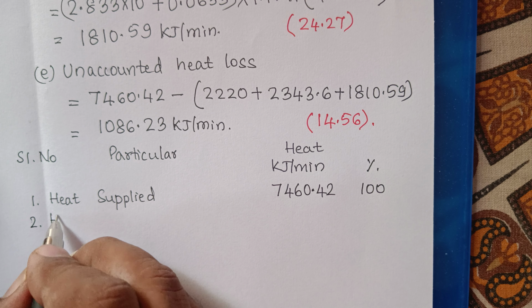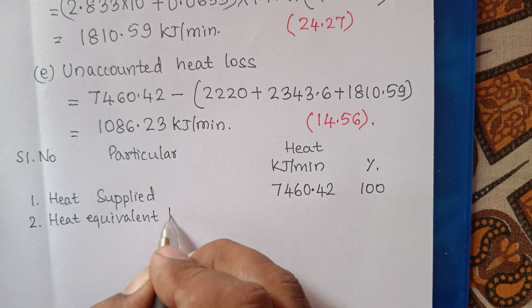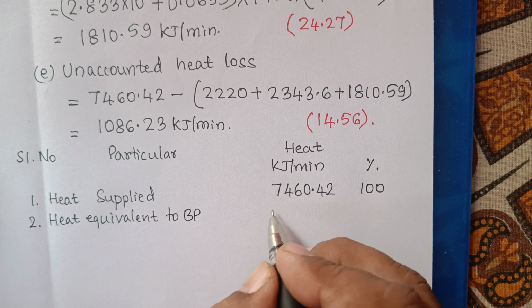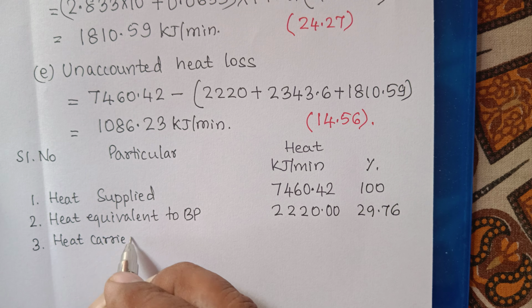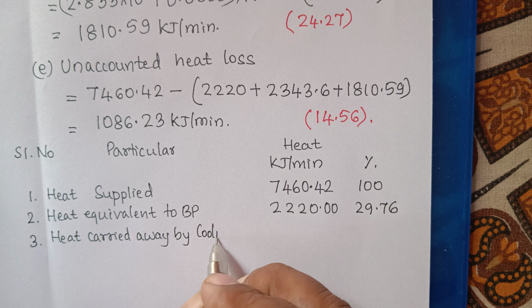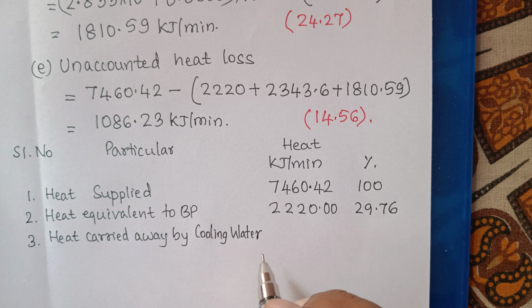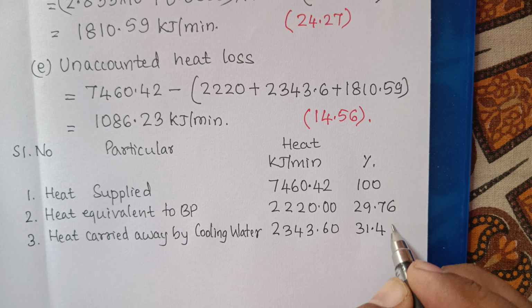Next, heat equivalent to BP, so that is heat taken away by BP, it is 2220.00, which I have told you is about 29.76%. Next, heat carried away by cooling water is 2343.60, which is 31.41%.